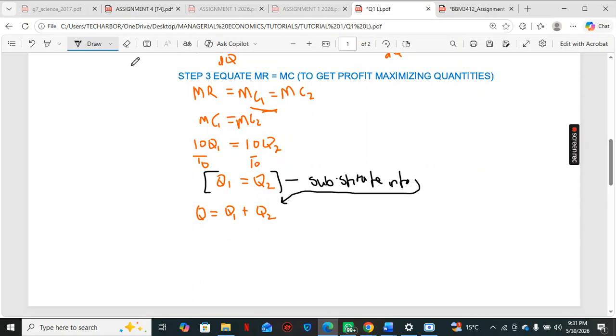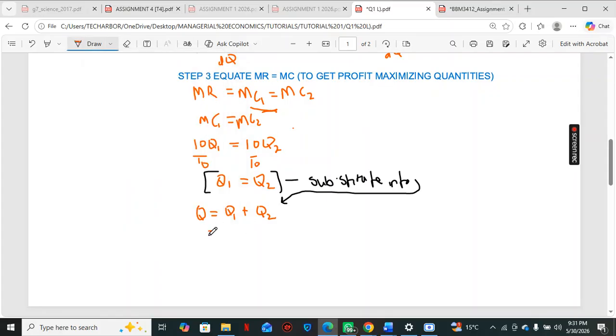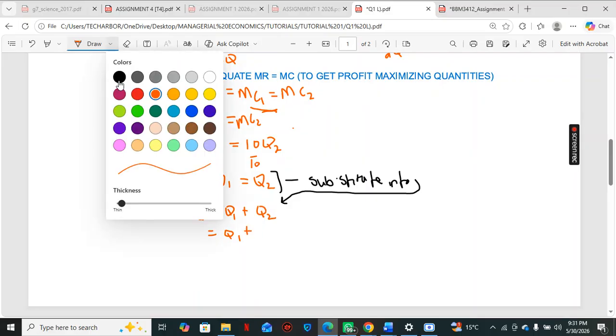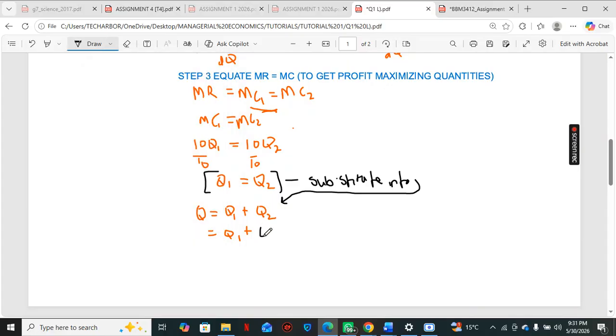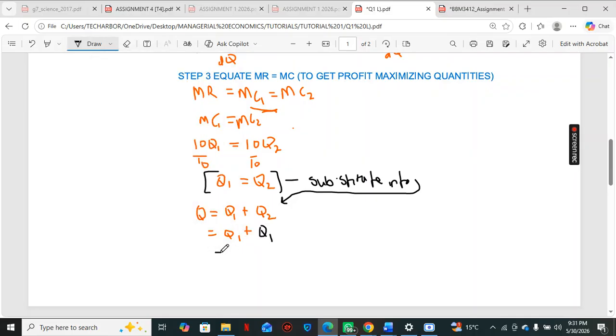Let's work with Q1. It's up to you to choose which Q you want to work with. Remember, this Q2 is also equal to Q1, so we can substitute this Q2 with Q1. So Q1 plus Q1 gives us 2Q1.